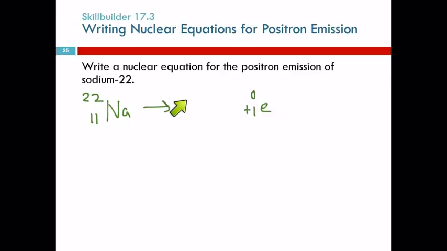So we need to find the mass number here. What plus 0 equals 22? 22. And what plus 1 equals 11? 10. Then we go to the periodic table. Neon is element number 10. So by positron emission, sodium-22 becomes neon-22.